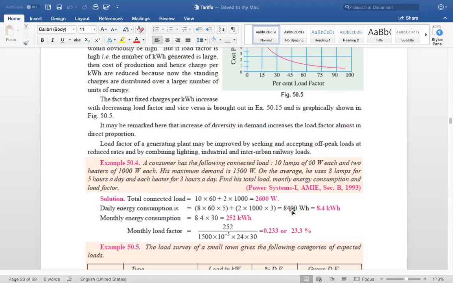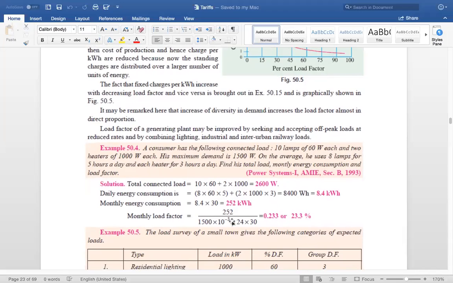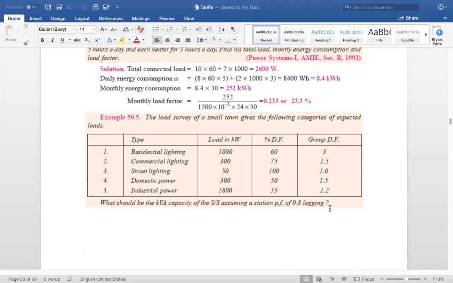So the monthly consumption will be 8,400 times 30, which is 252 kilowatt hours. And the monthly load factor is then 252 divided by 1,500. Now he's converted everything to kilowatts, that's why it's 10 to the power minus 3 times 24 times 30. That gives us 23.3%.